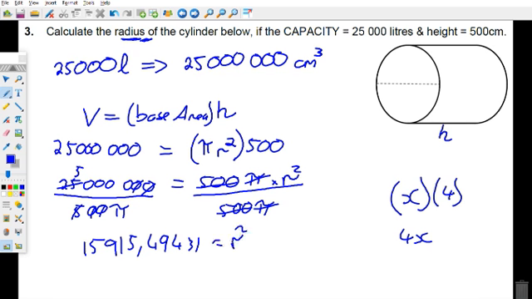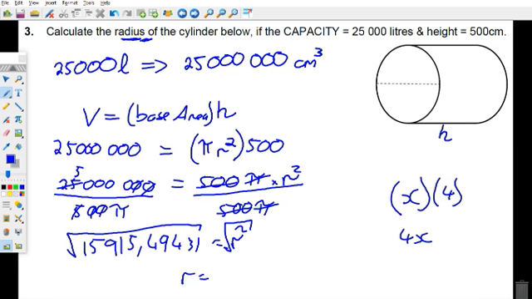Now, how do we get rid of a square? Remember term 1. What's the opposite of a square? A square root. Exactly. So we're going to square root both sides. This is how you do it. Look on your calculator.